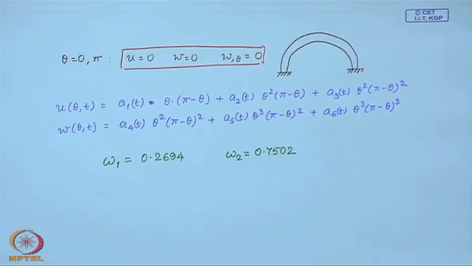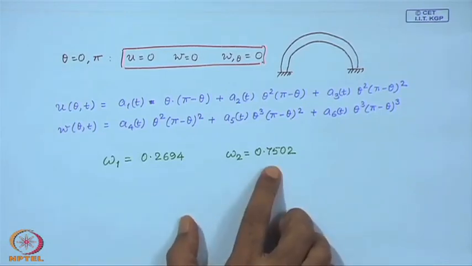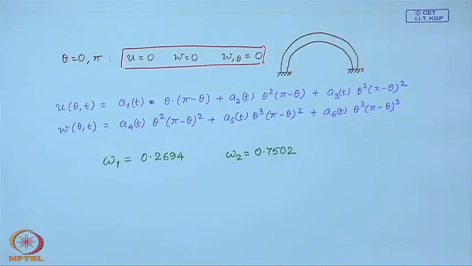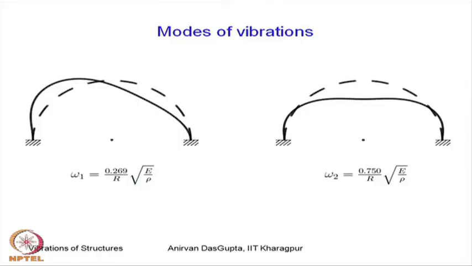So, the non-dimensional circular eigenfrequencies appear as shown; these are higher than the pinned case as we expect. This figure shows the modes of vibration. Again, this first mode is the unsymmetric mode and this is the symmetric mode with higher frequency.